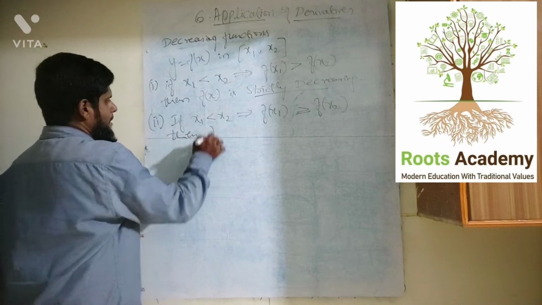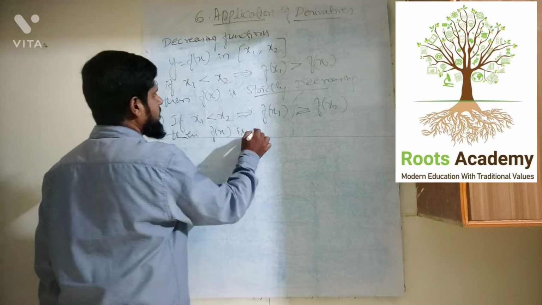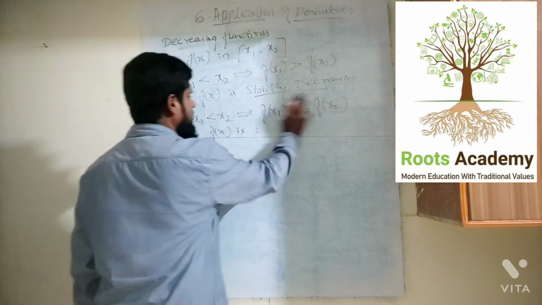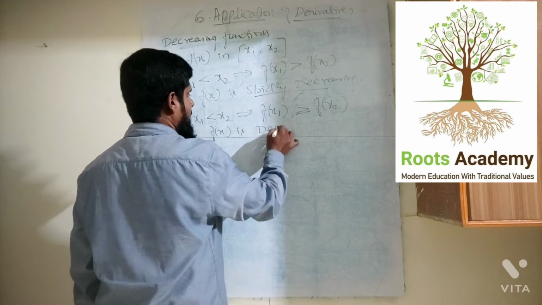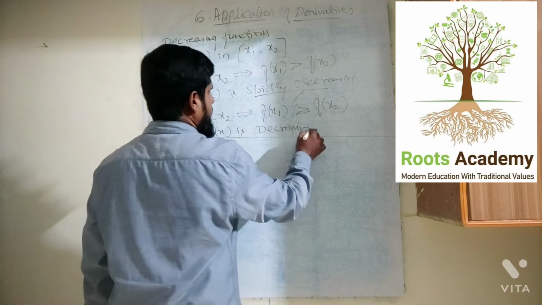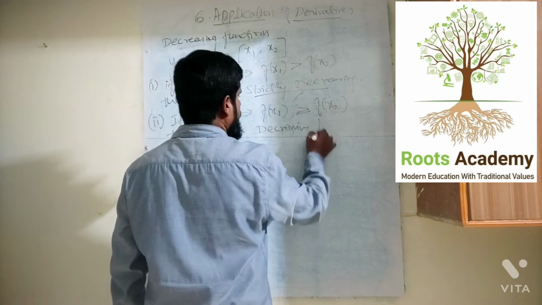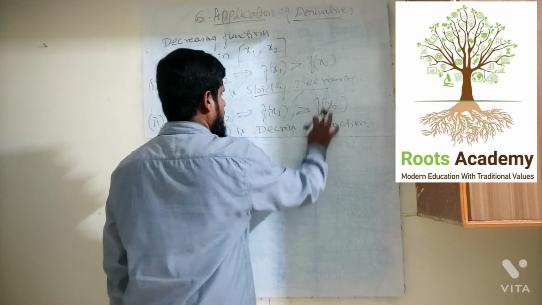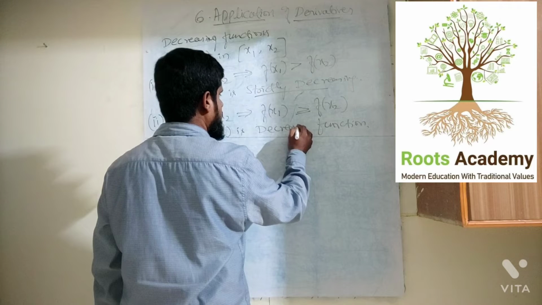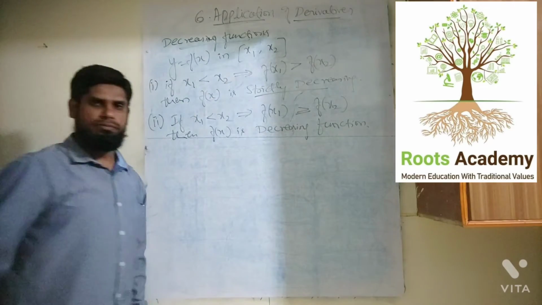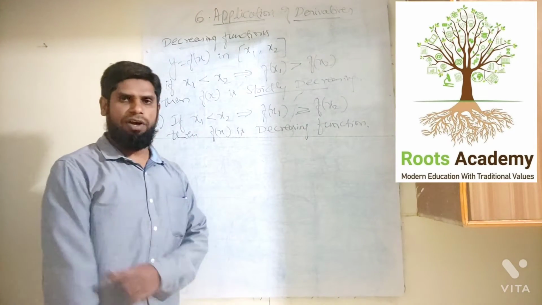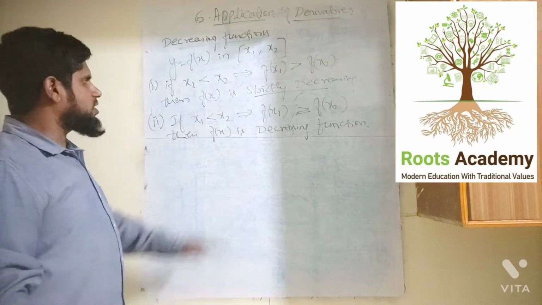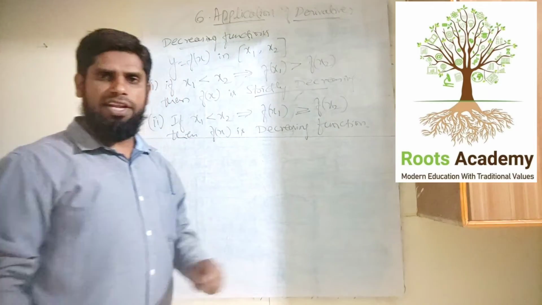Then f of x is a decreasing function. So these are just the basic definitions of decreasing functions.